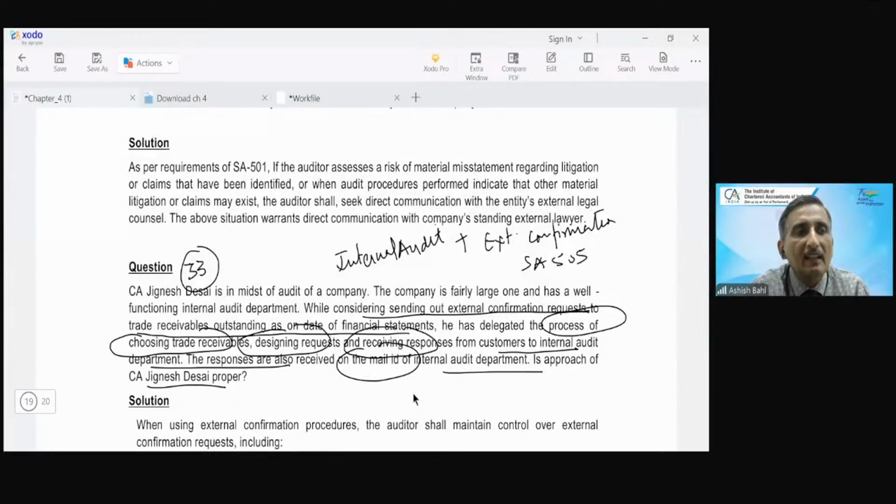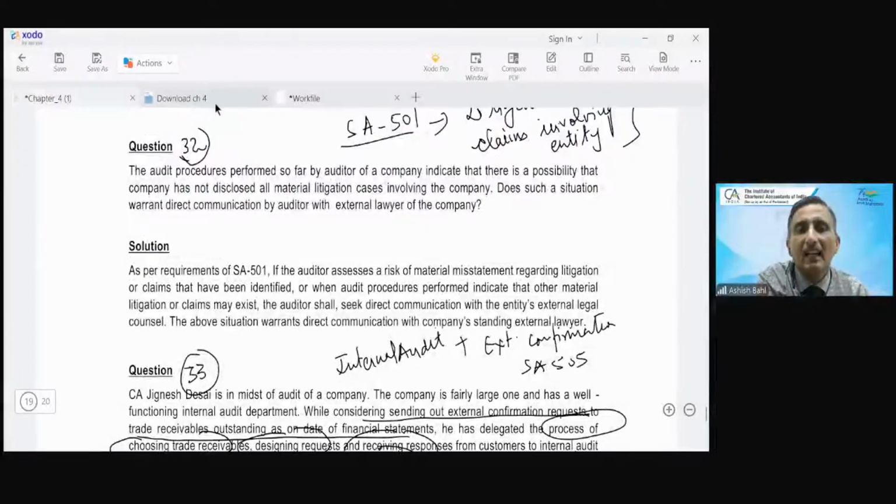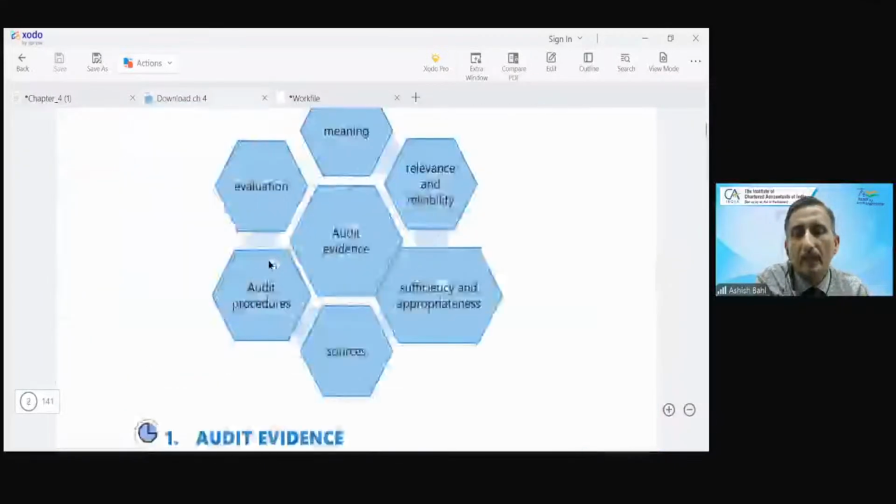He should send the external confirmation directly, and it should not be delegated to the internal audit department, because by definition, if you see SA 505.